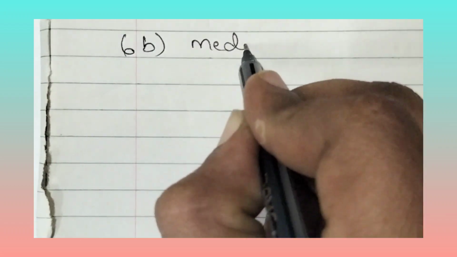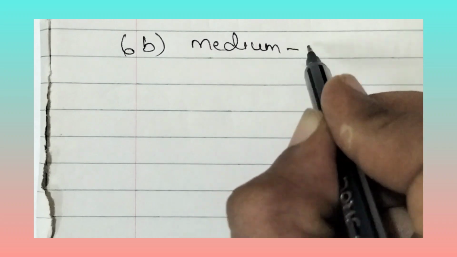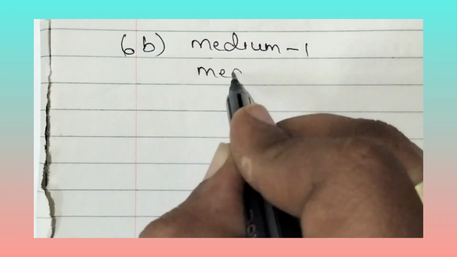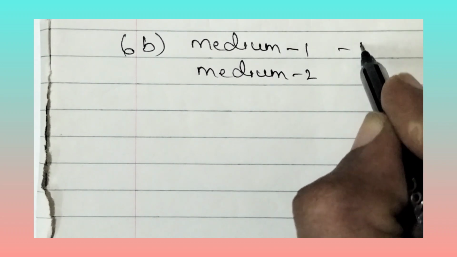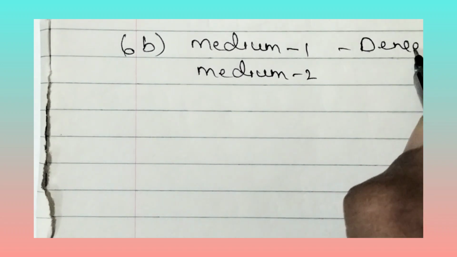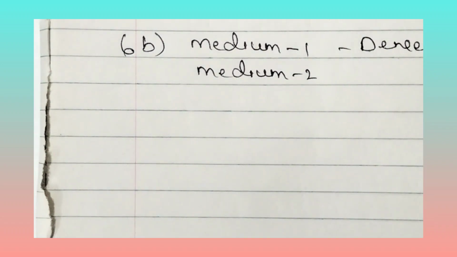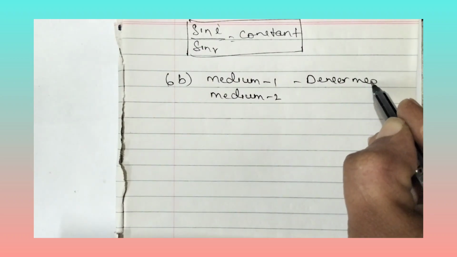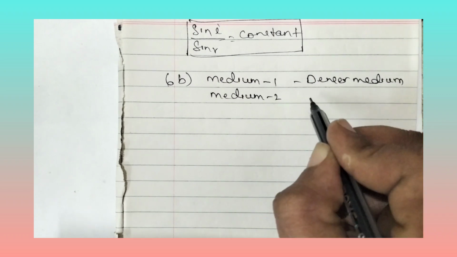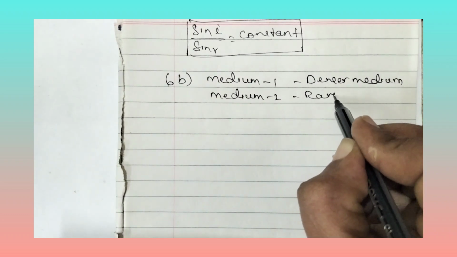So let us answer this question. So this is 6th B. So medium 1 and medium 2 mediums they have given. Here medium 1 is denser medium. So medium 1 is denser medium, and medium 2 is rarer medium.